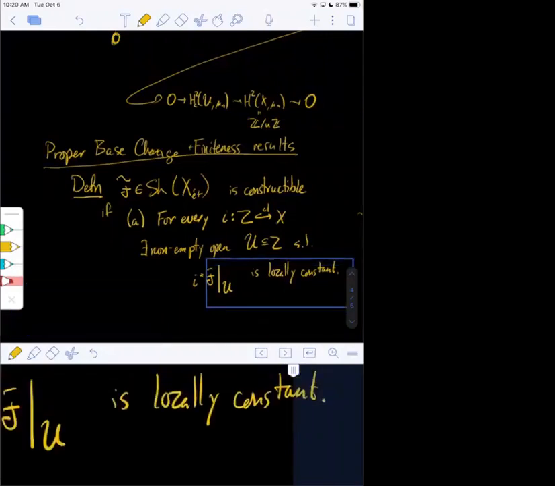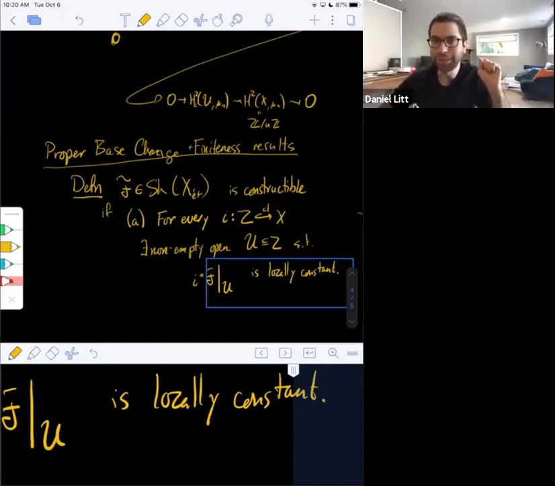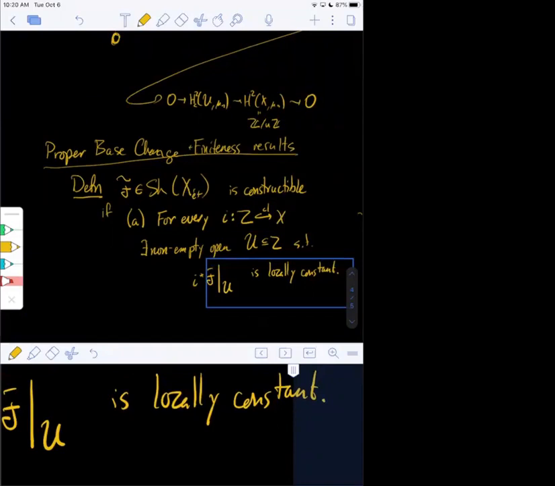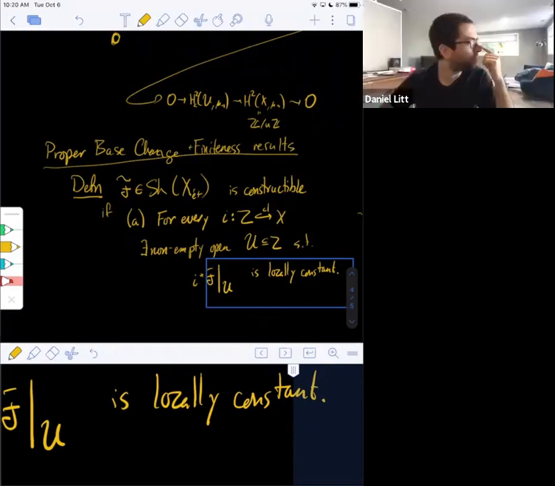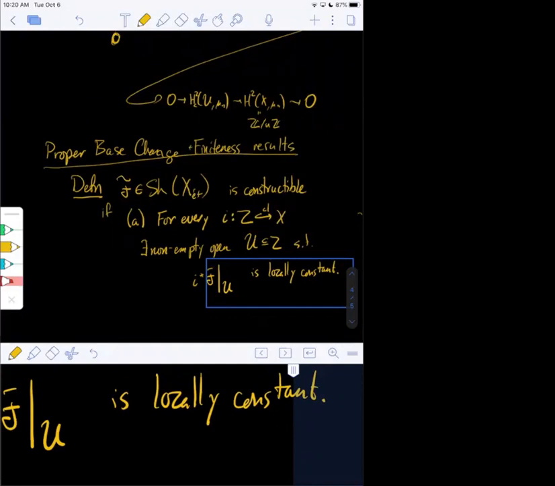All right, so can anyone tell me what this local constancy means? There's some neighborhood where the restriction is a constant sheaf. So what do you mean by neighborhood, and what do you mean by around each point there's a neighborhood such that the restriction of the sheaf is a constant sheaf? So what does constant sheaf mean? Just the sheafification of, I guess in this case, a fixed abelian group. Yeah, great.